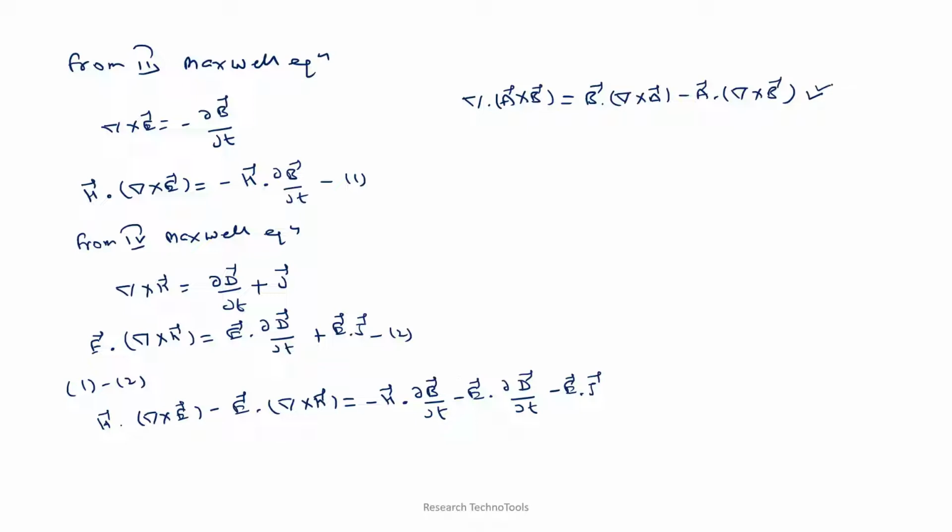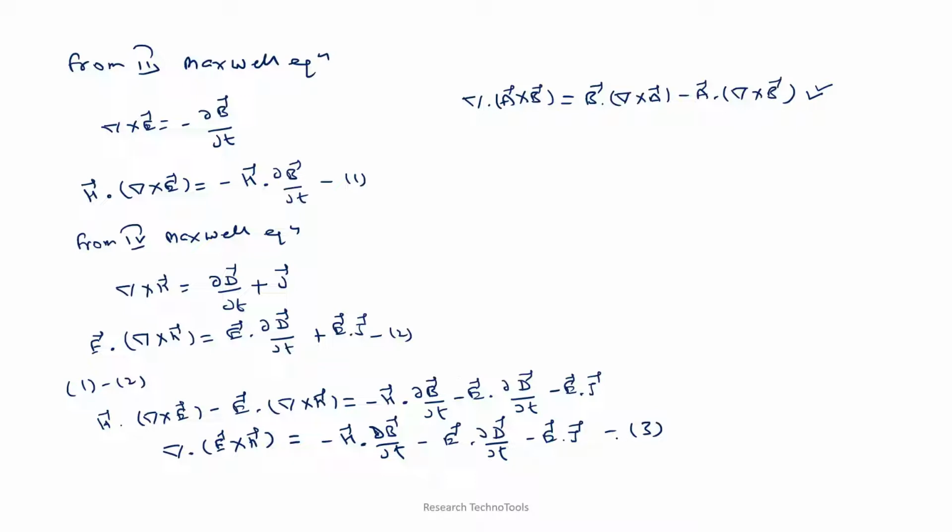If we use this vector identity on the left side of this equation, you can write divergence of E vector cross H vector equals minus H vector dot del B vector upon del t minus E vector dot del D vector by del t minus E vector dot J vector. Suppose this is our equation number 3.